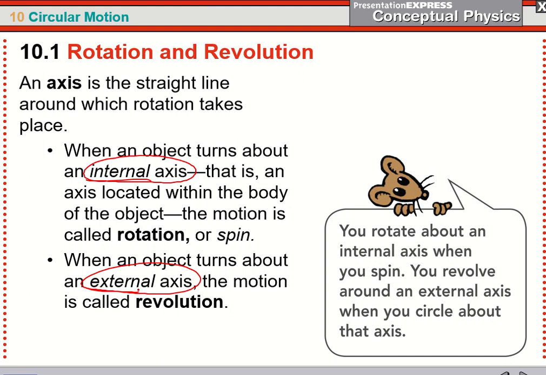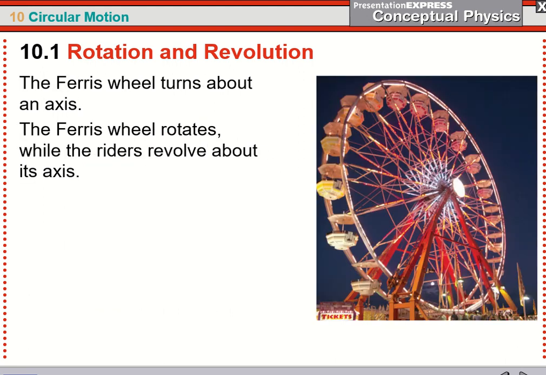All right, so let's look at some examples. Got a Ferris wheel here. The Ferris wheel turns about an axis. The Ferris wheel is rotating because it's an internal axis.